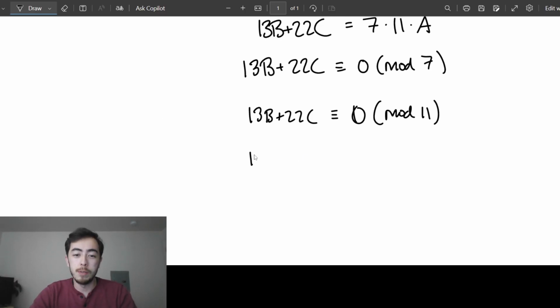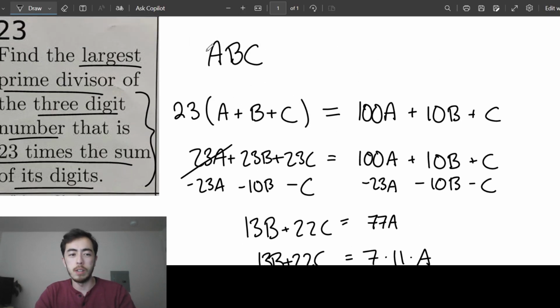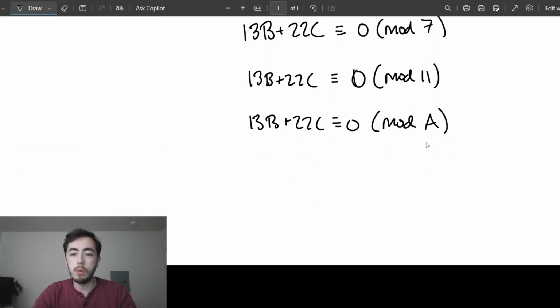And then it's also going to be congruent to 0 mod A. And I don't know what A is right now. It is a digit. Ideally, it's not 0, because then I wouldn't really have a three-digit number. If A were 1, then this would be obvious because every integer is a multiple of 1.